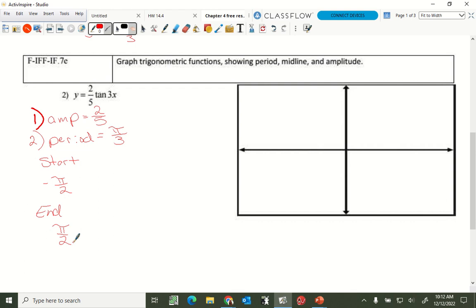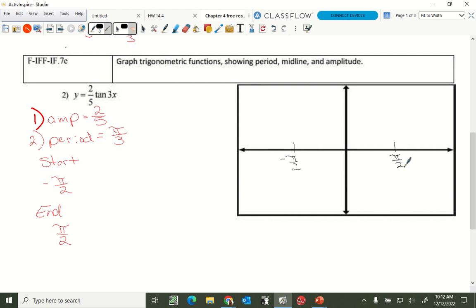So this one's slightly different since I have this here. I have start and end, and I don't have any phase shifts, so I don't have to add a phase shift to this. So my start is negative pi over 2. End, positive pi over 2.